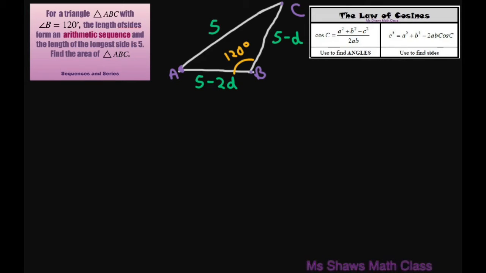That's because we have 5 minus 2d, 5 minus d, and then 5. By nature of arithmetic sequences, you keep adding d to get the next term. So since we're given the 5, we just keep subtracting d to get back to the smallest side.